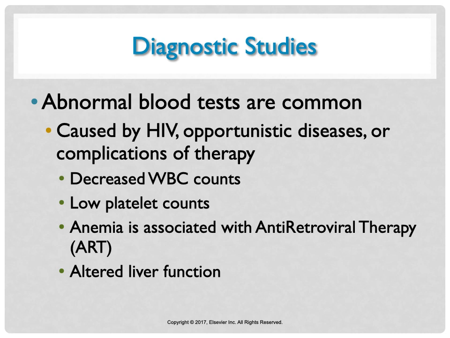Abnormal blood tests are common. Some of them can be caused by HIV. Some are caused by the opportunistic diseases or complications of the therapy, like decreased white blood counts and low platelet counts. The decreased white blood counts, especially the below normal numbers of lymphocytes, lymphopenia, or neutrophils, neutropenia, are often seen.